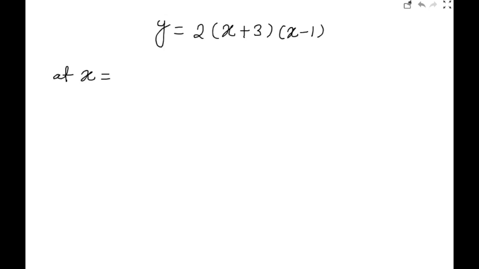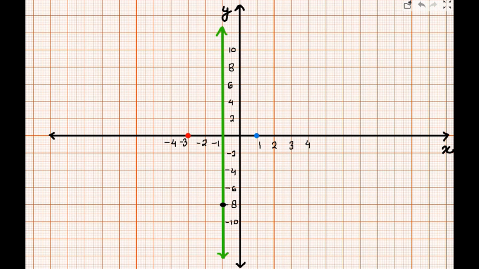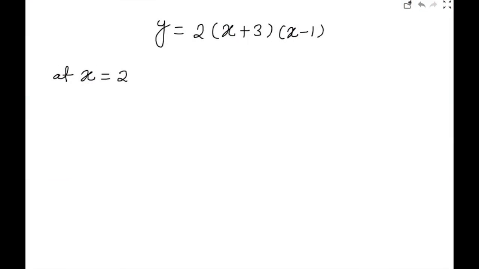So the equation, let me write it again, is y equals 2 times (x plus 3) times (x minus 1). Let us say x equals 2. We could even have a table here, where we assume values of x and figure out the values of y. But because we already have certain points, we don't really need to draw a table.